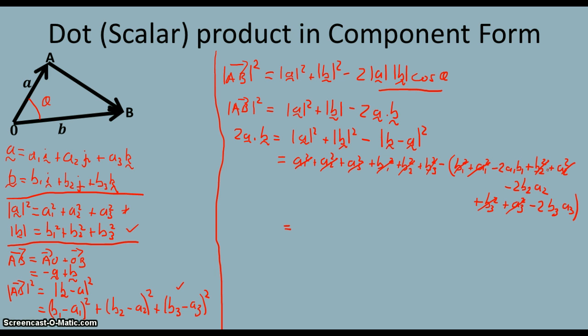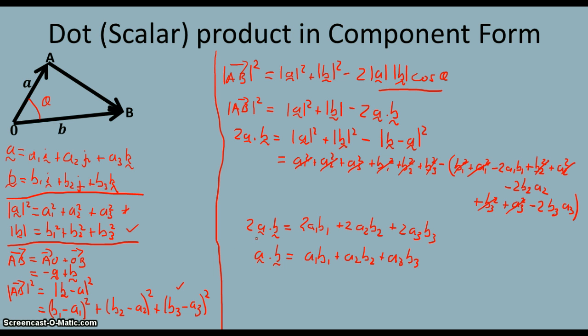Left multiplying out the terms that are left, we get positive 2A1 B1 plus 2A2 B2 plus 2A3 B3. Remembering that this was 2 times the dot product, and dividing through by 2, we get the dot product of a and b is simply A1 B1 plus A2 B2 plus A3 B3.